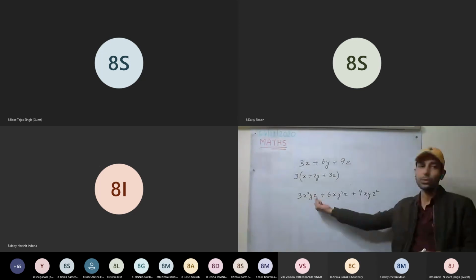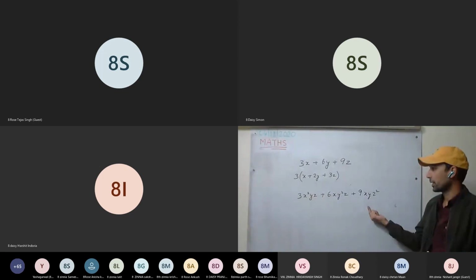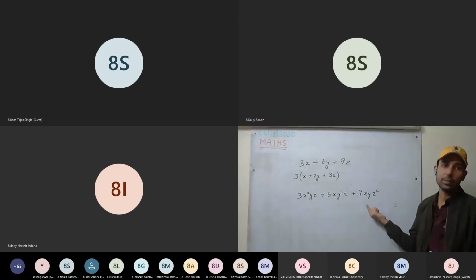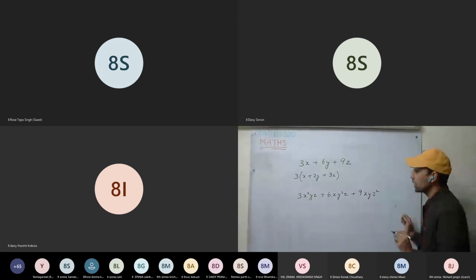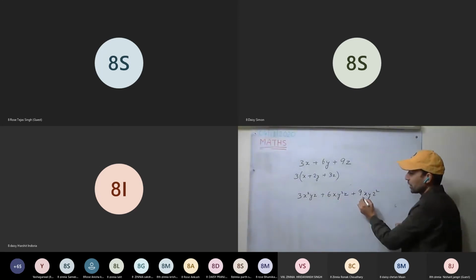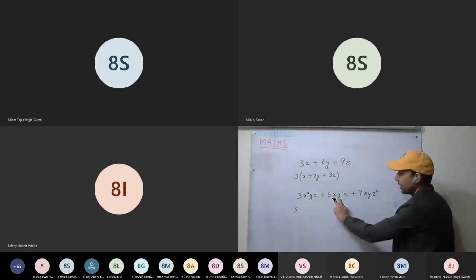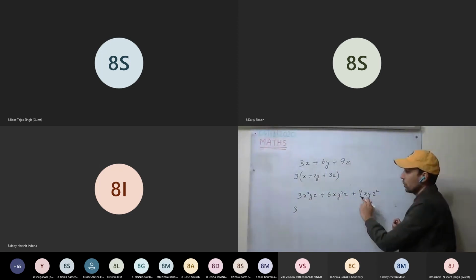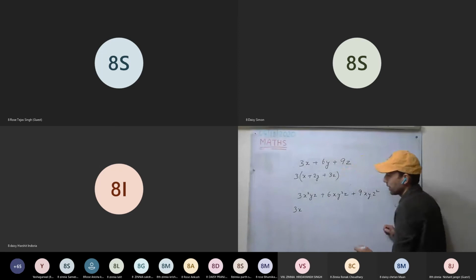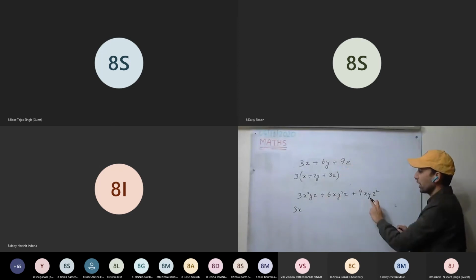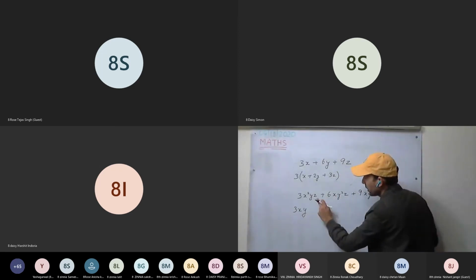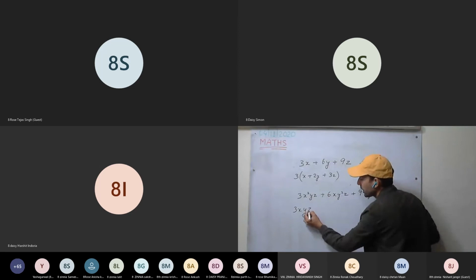So first of the constants, you take the highest common factor, then the variables one by one. So see here, first of the constants, the common factor will be 3. Now x is x, so I can take x outside. Now y square, y. Again, similarly z.